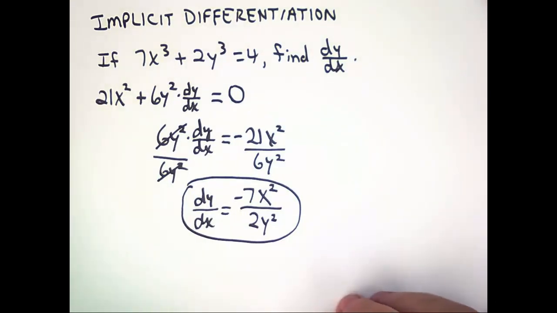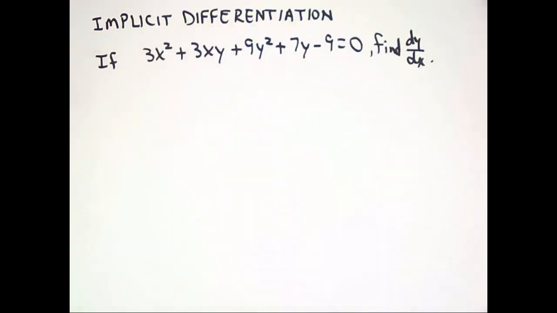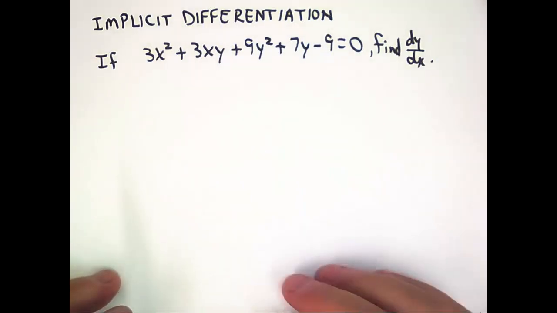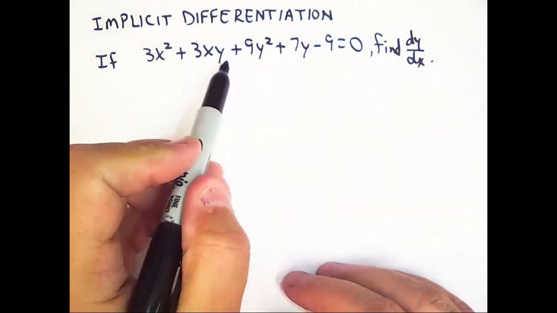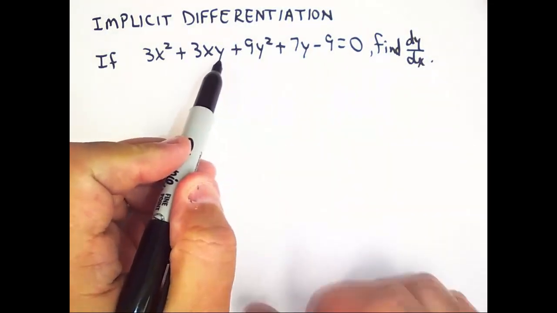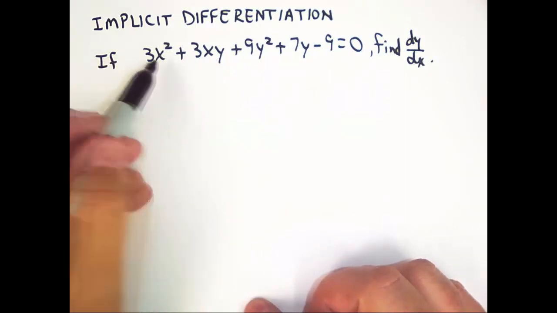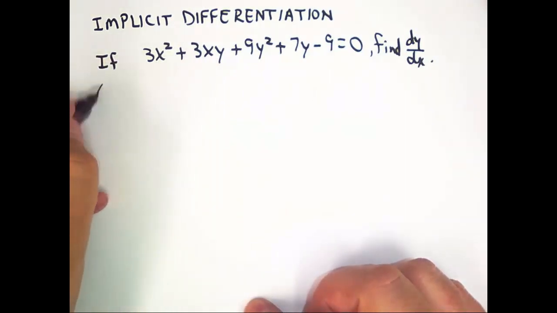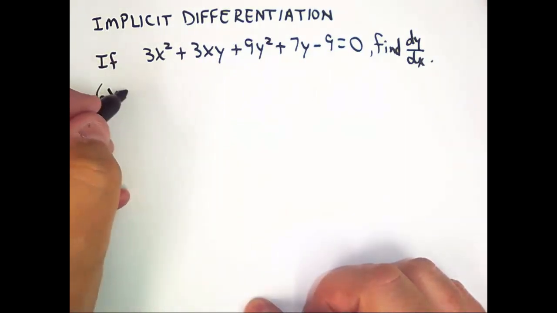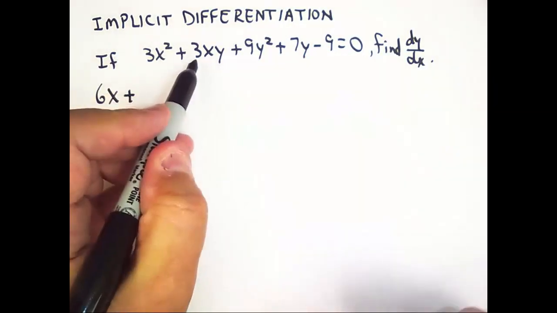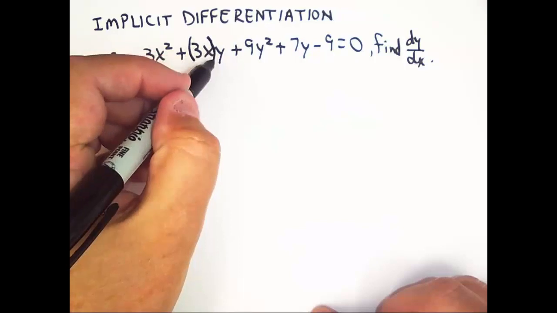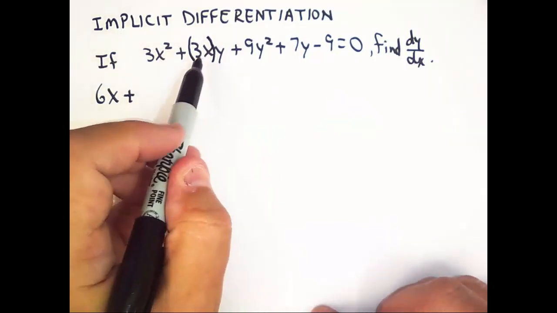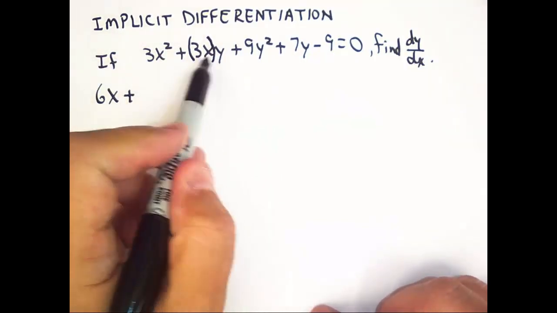Okay, let's try another one. This time it's a little more complicated. You still take the derivative term by term under the assumption that y is a function of x. So the derivative of 3x squared is going to be 6x plus, now the second term is a product, so you want to think of 3x as one factor and y as the other, and use the product rule.